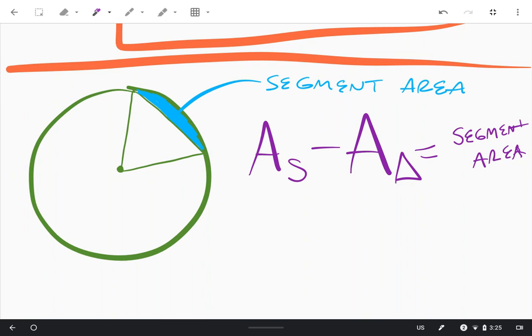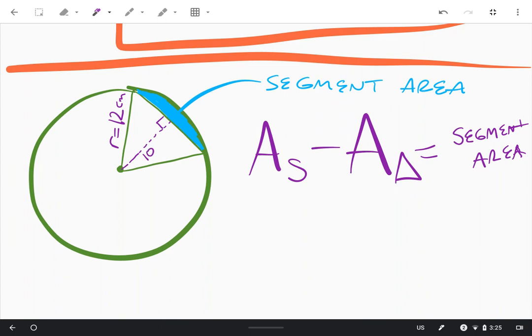So what you're going to be given is the distance here. Let's call this a radius of 12 centimeters. And then you're also going to be given a distance for the height of this triangle.